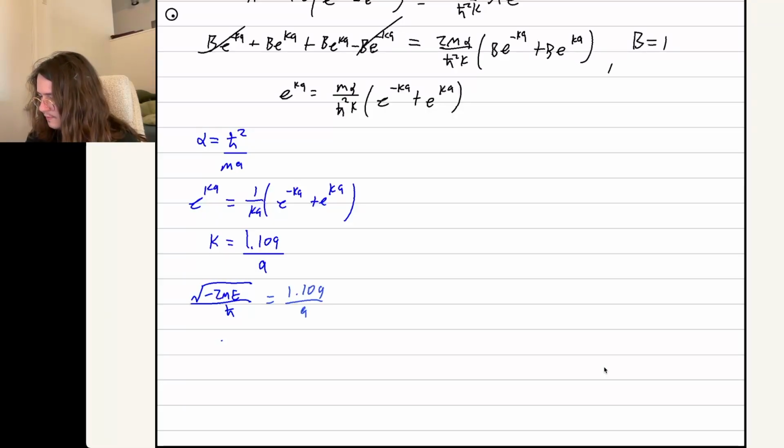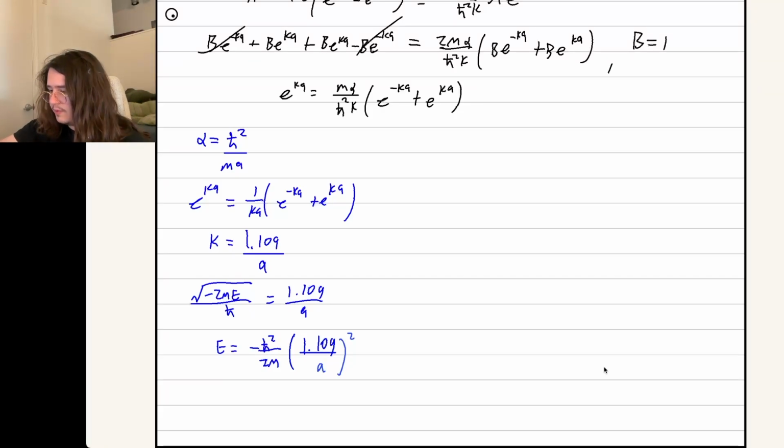And you can just solve that for E now. So it's going to be minus h bar squared over 2m times 1.109 over a squared. So for this value of alpha in the bound state, this is your energy.